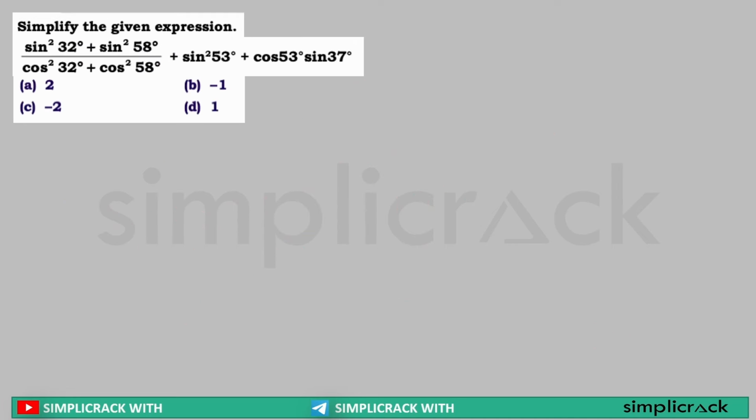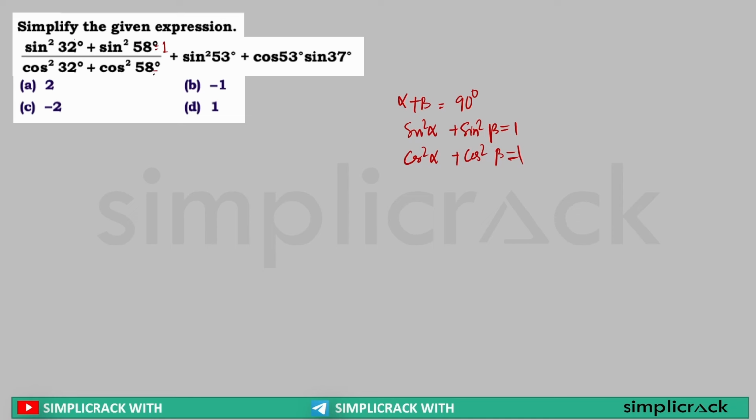Sir, first let me help you remember. If alpha plus beta is equal to 90 degrees, sine square alpha plus sine square beta is equal to 1, and cos square alpha plus cos square beta is equal to 1. Here 32 plus 58 is 90, so this will be 1.